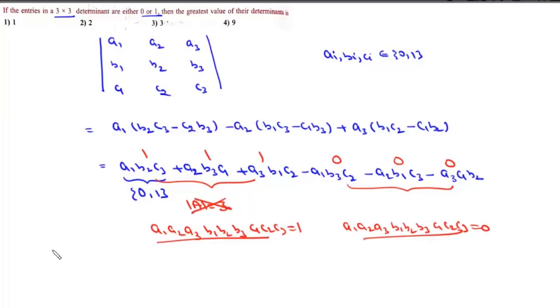So the next possible value of this determinant is simply 2. And we may choose any determinant to show that it can take a value 2. Say for example, we can choose this determinant which is 0, 1, 1, 1, 0, 1 and 1, 1, 0. The value of this determinant is simply 2. So the maximum possible value of determinant is 2 and that's your option 2 also.